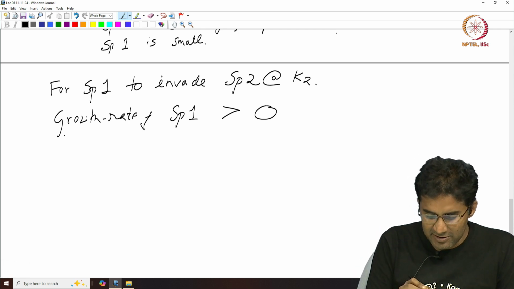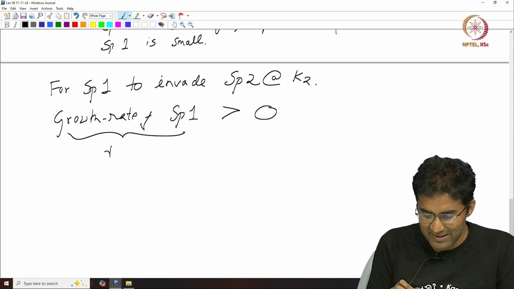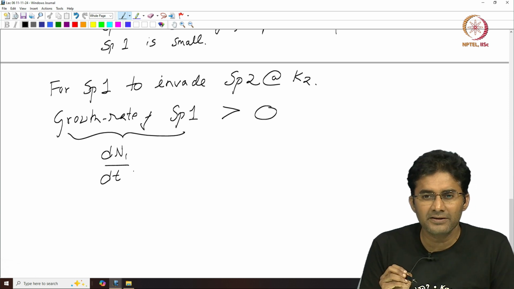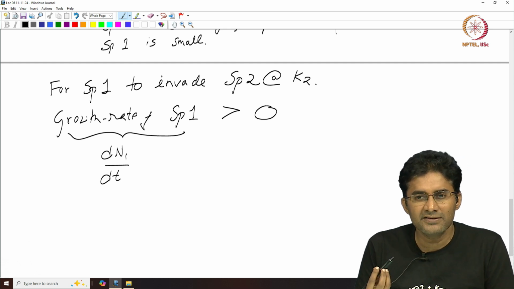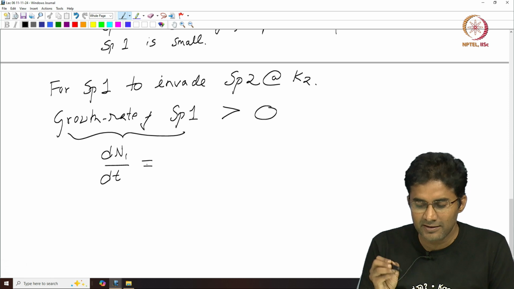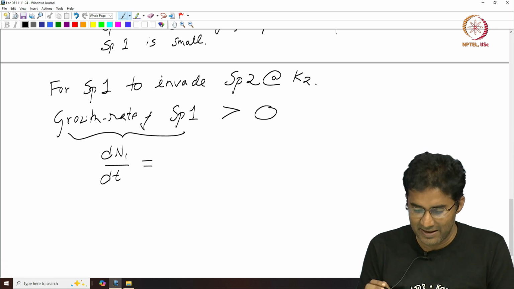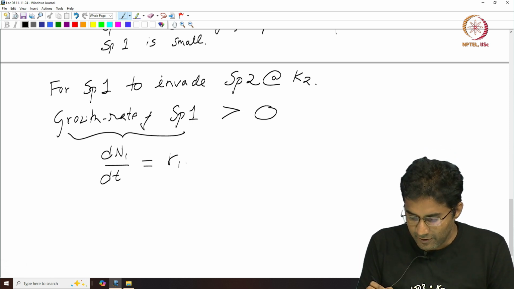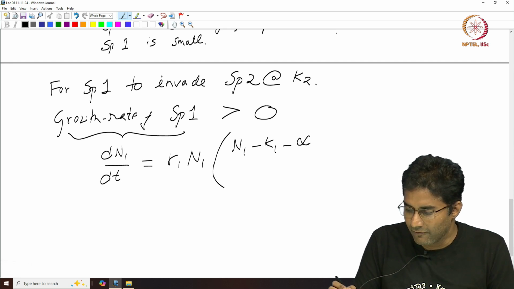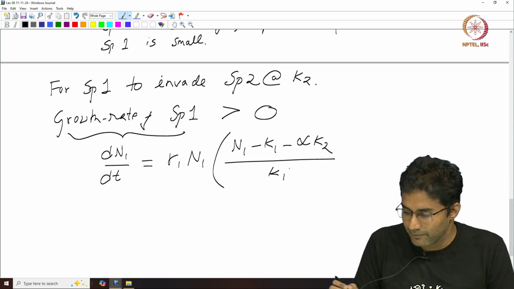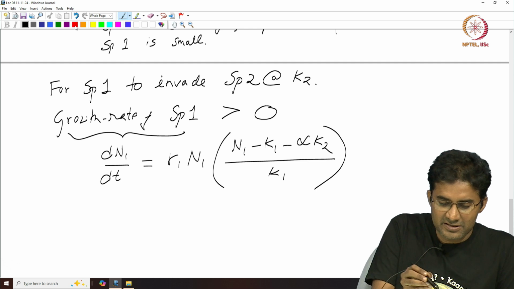Now remember that the growth rate for species 1 is nothing but dN1 by dt. So, we just have to write down the expression for dN1 by dt and check when it is going to be positive, even under the condition that species 2 is at carrying capacity. We know that the expression for this is N1 times K1 minus alpha K2, divided by K1. Let us spare a moment here.